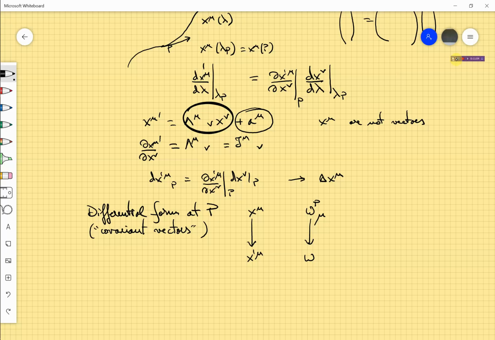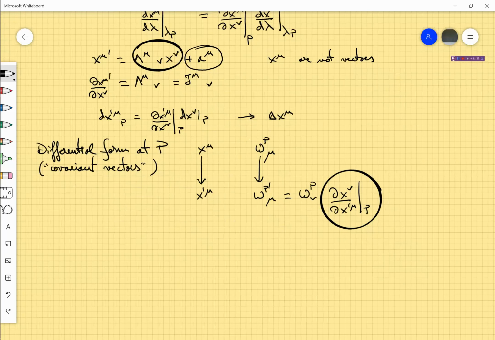So we have omega prime mu is omega nu times the partial derivative of x nu with respect to x prime mu evaluated at p. These are the components of the inverse Jacobian matrix evaluated at p.